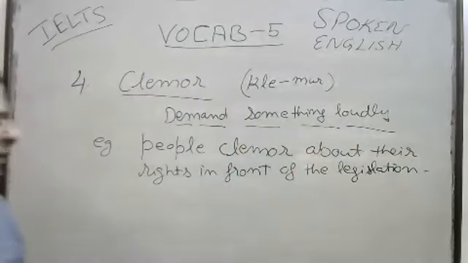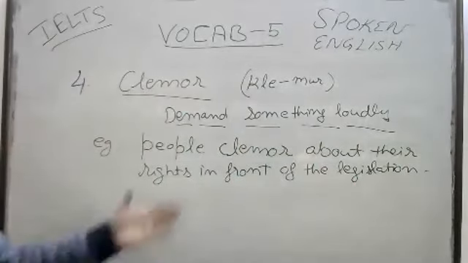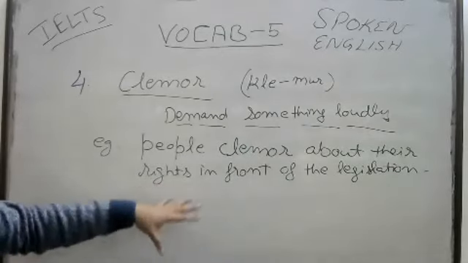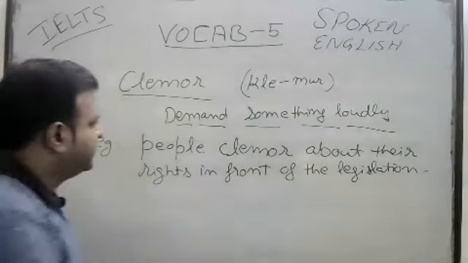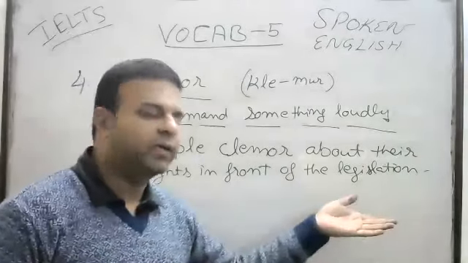In front of the authority, you can say, or in front of the legislation. So people clamor about their rights, right? They are demanding loudly. Okay, so people clamor about their rights, which means they are demanding loudly, right?